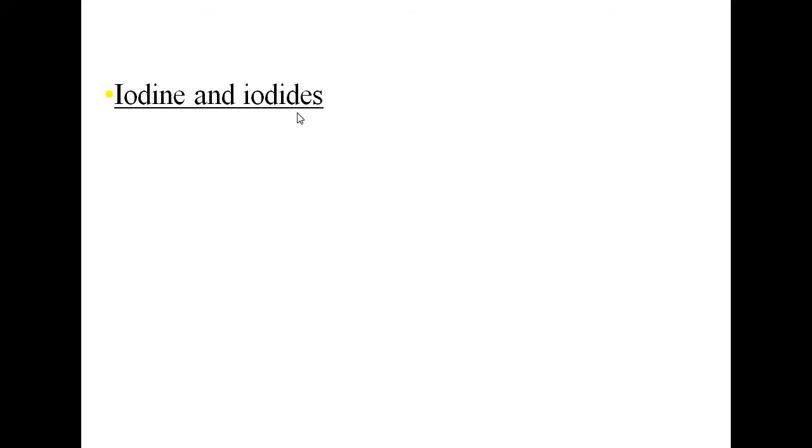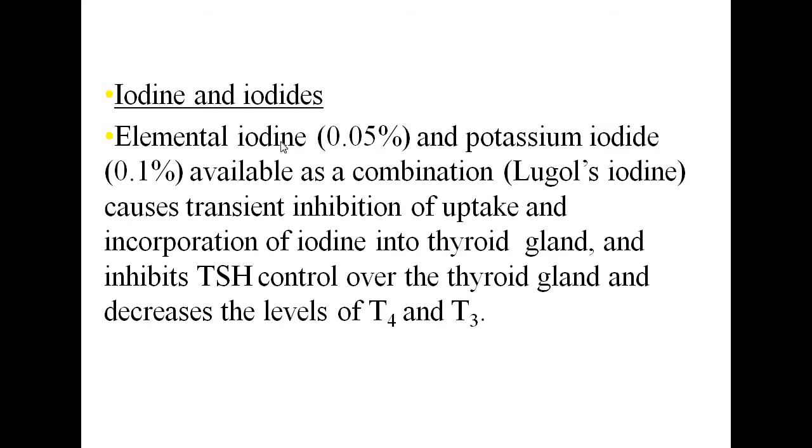The role of iodine and iodides in the treatment of hyperthyroidism is quite interesting. As it is, there is excess production of thyroid hormones. When iodine is given in the form of potassium iodide and elemental iodine, this combination is called Lugol's iodine.